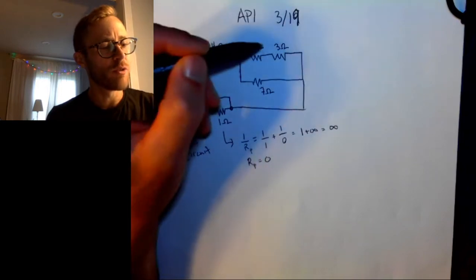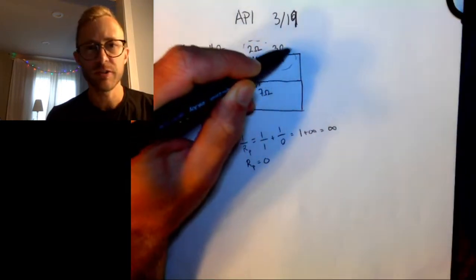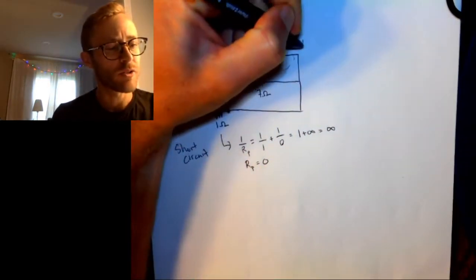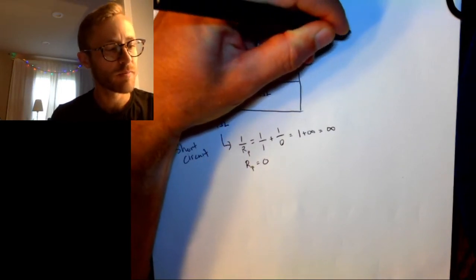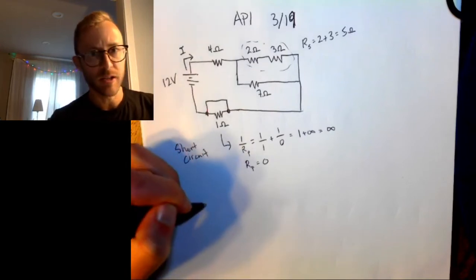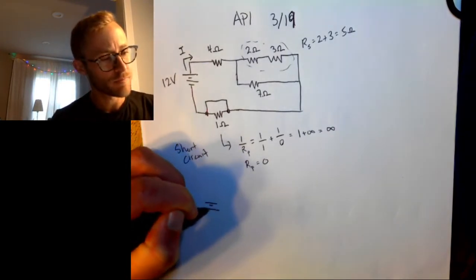We can see that the 2 ohm and the 3 ohm are in series. So R sub S equals 2 plus 3 equals 5 ohms. I'm going to redraw the circuit making those changes.